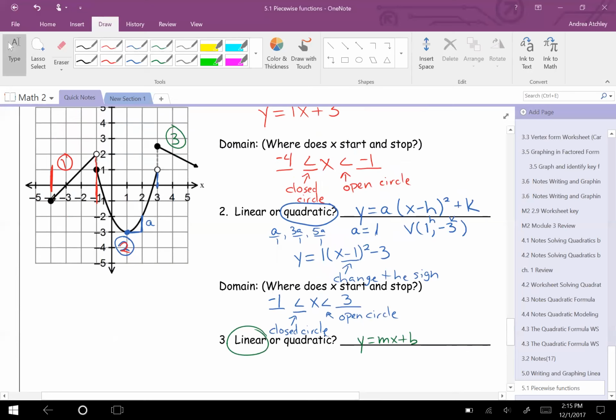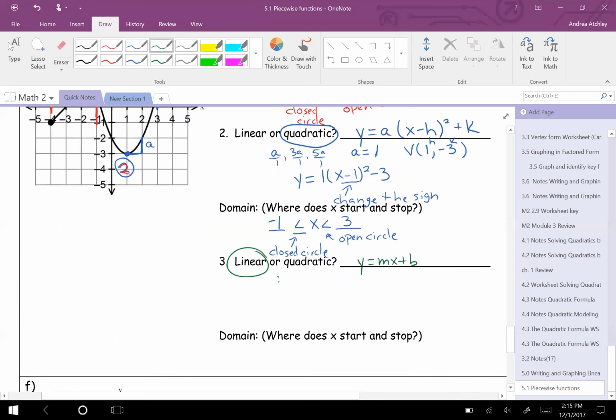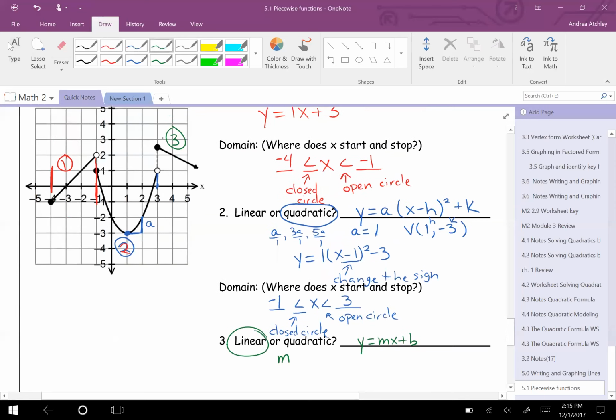So again, we need our slope. And this slope's a little bit tricky because it kind of meets in the middle and not on it. So we have to go down a whole 1. And since we're moving down, it's negative.